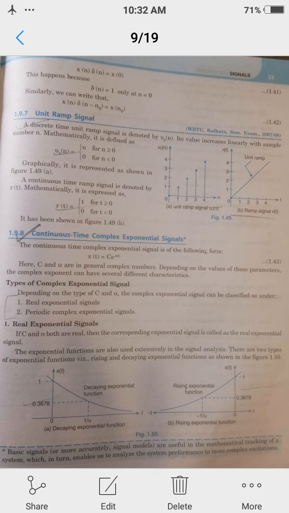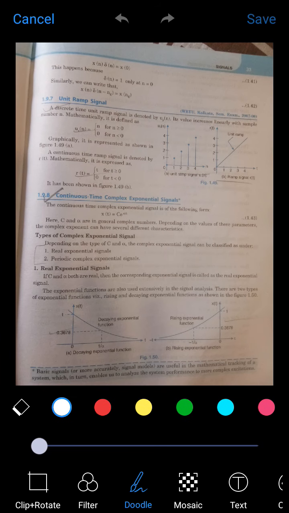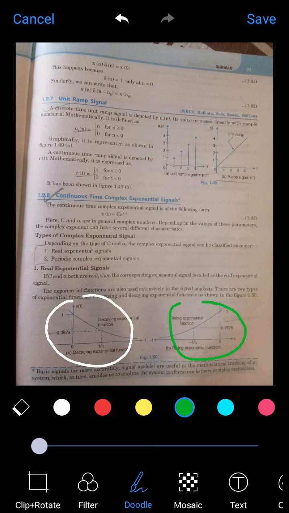If c and alpha both are real, then you can see two diagrams. One is the decaying exponential function, another one is the rising exponential function. This is the decaying and this one is the rising exponential function.